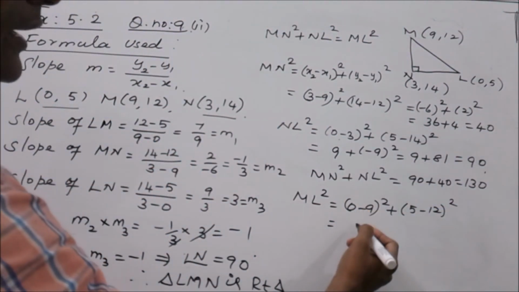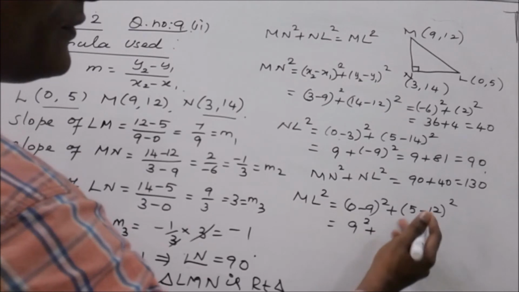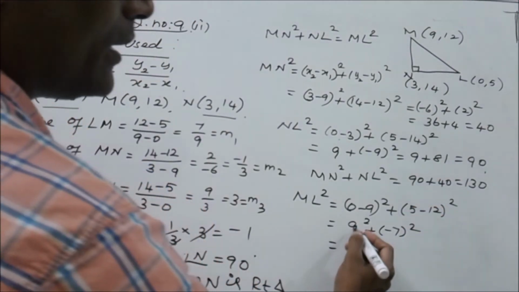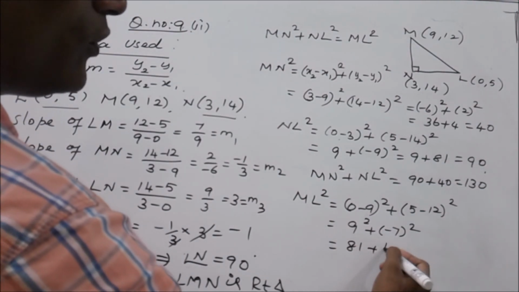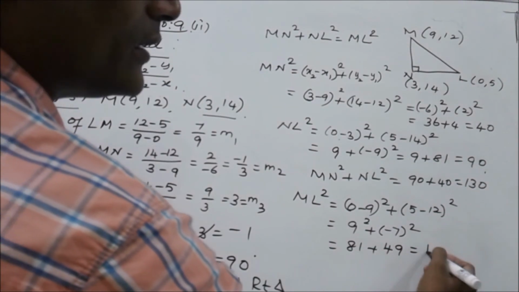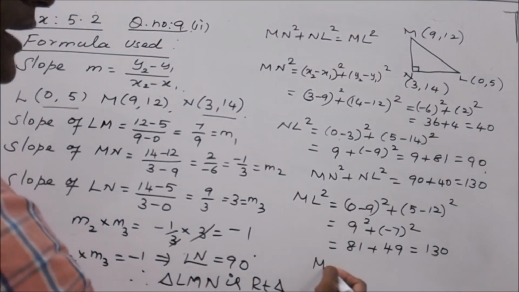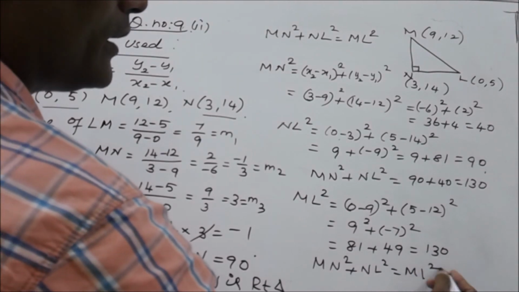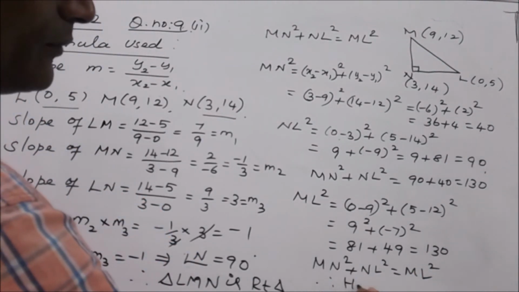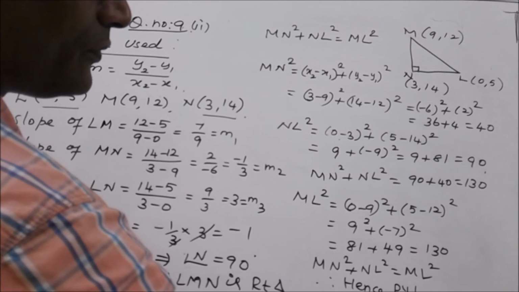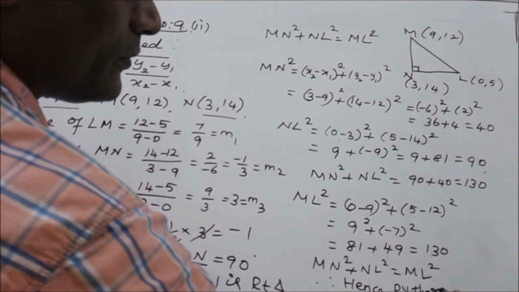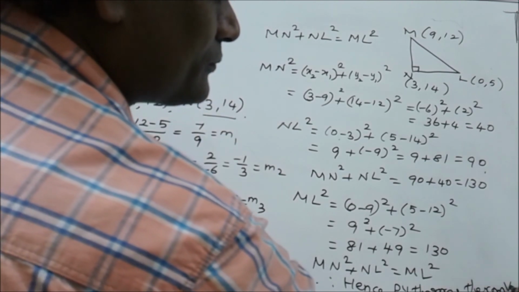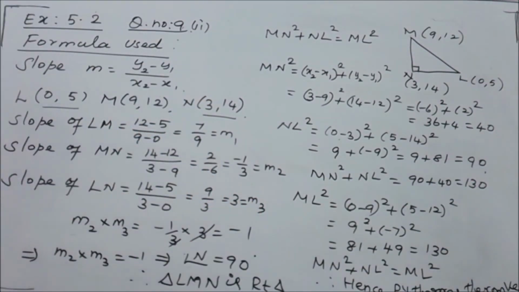This is equal to 9 square plus (-7) square, equal to 81 plus 49, that is equal to 130. Therefore MN square plus NL square equals ML square. Hence Pythagoras theorem verified.